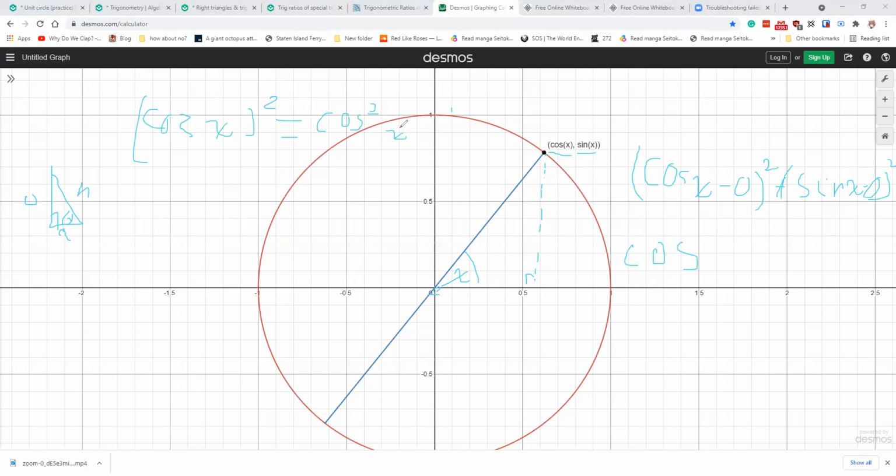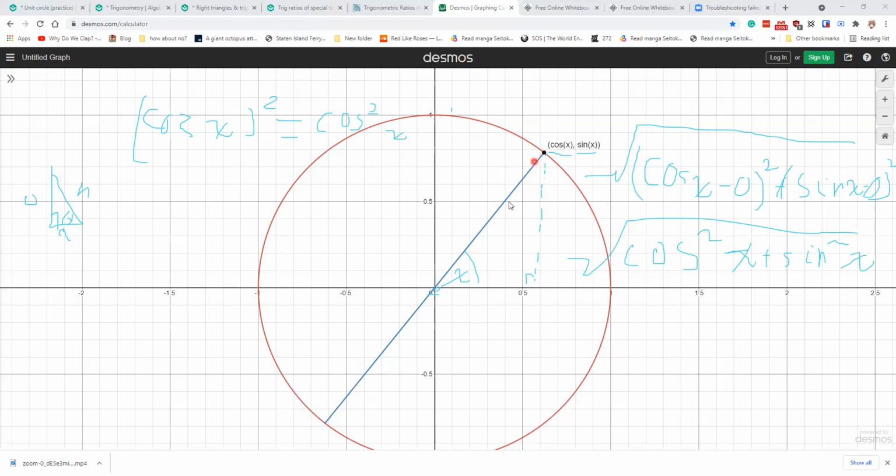This is just because sometimes it's a little bit more convenient to write the squared on the inside. So just don't get confused when I write something. So that means that the square root of cosine squared x plus sine squared x would be the distance from this point to this point in the unit circle.